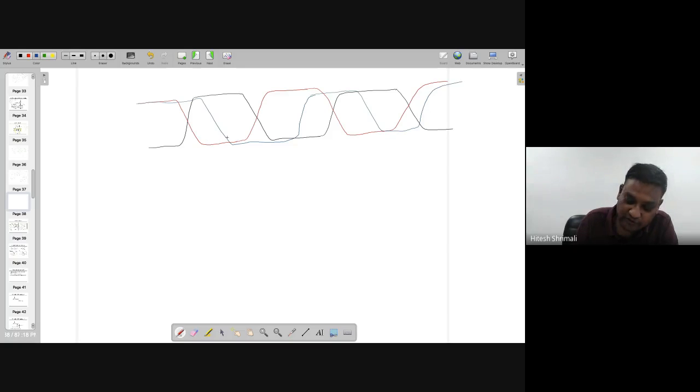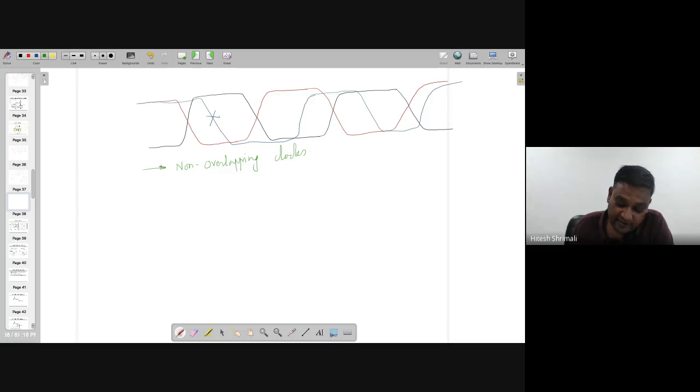Okay, so we don't prefer the blue one. I prefer the black and red, which are non-overlapping. The name of this clock is non-overlapping clock, by the way. So I want to create that.